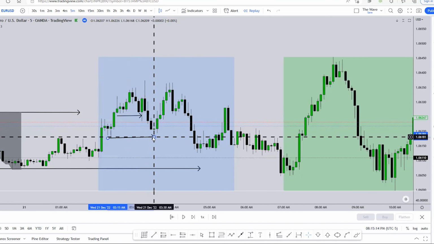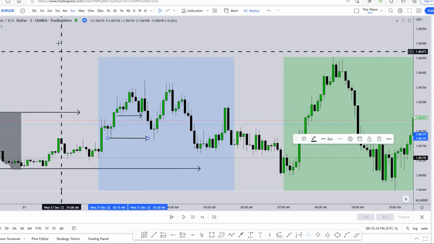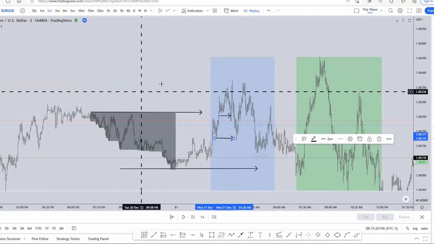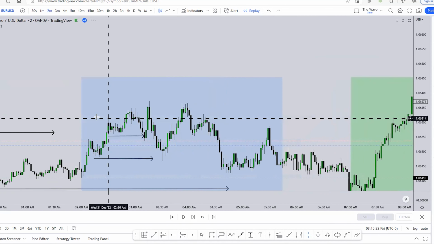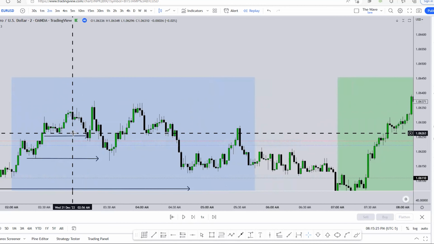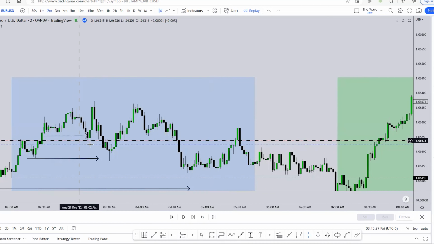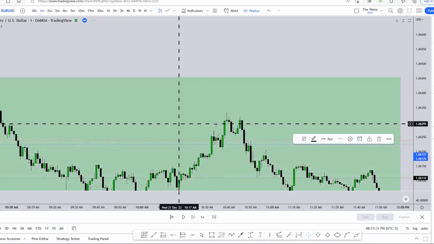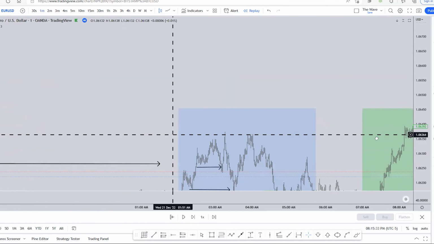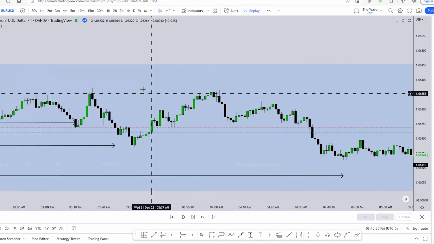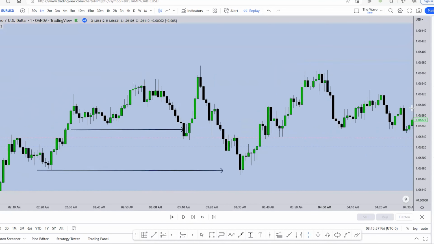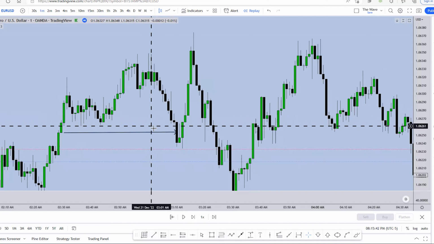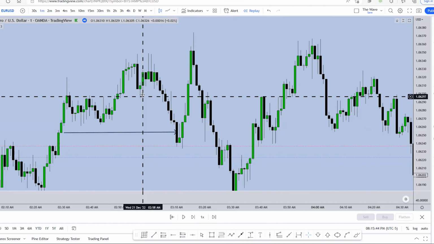So what you could do is drop down to the 2 minute. Okay, so we have no displacement here on the 2 minute. Go down to the 1 minute. So let's see, no displacement here.